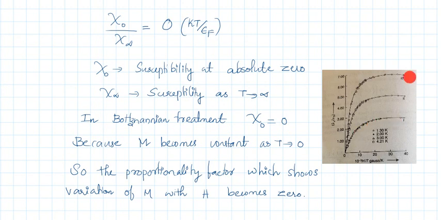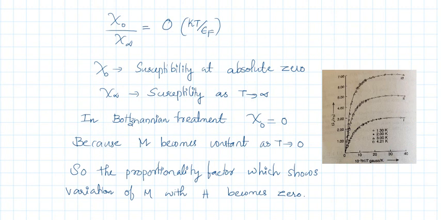M becomes constant for low temperature because in this axis it is H by T. So low temperature means a high value of H by T. As the value of H by T increases, this M almost saturates. The value of M is constant. That means there is no variation of M with respect to external magnetic field, that is susceptibility is 0.